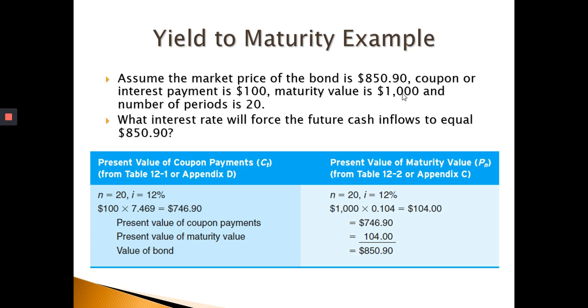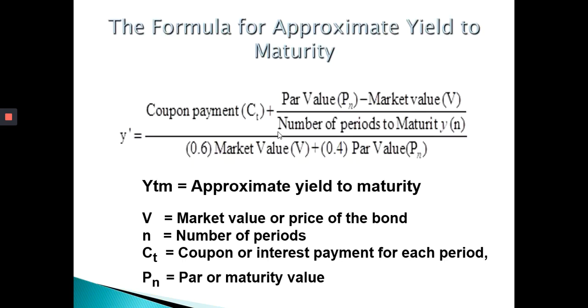And the par value is given, N is given, and you're required to calculate the I. Alright, so if we use the same formula that we just learned earlier, your coupon payment would be 100, par value is 1000 minus 850.90, divided by 20, over 0.6 times 850.90 plus 0.4 times 1000.